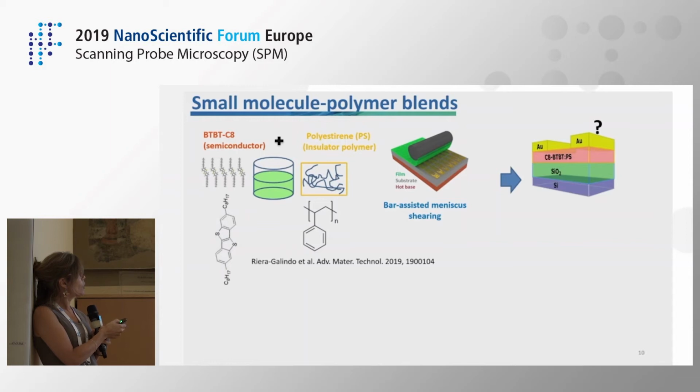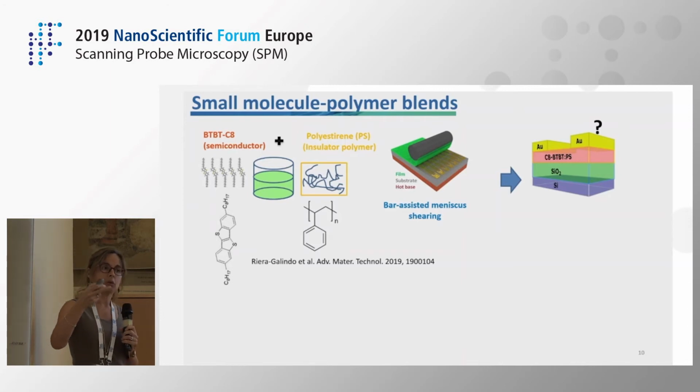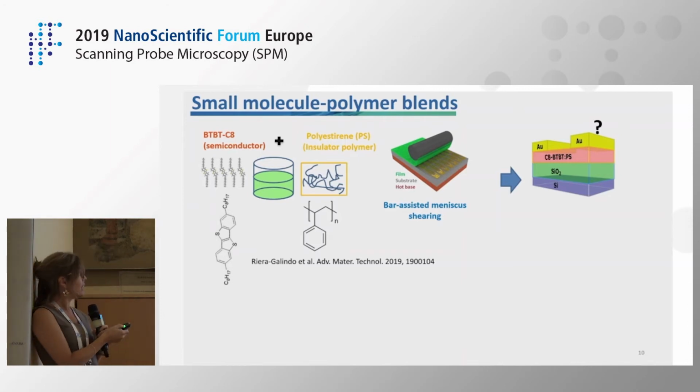The semiconductor properties of the organic semiconductor to have high field effect mobility, and the ease of processability given by the polymer in the solution with the increased viscosity in the solution.